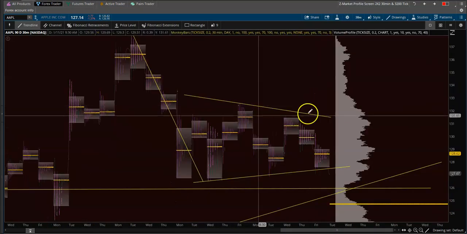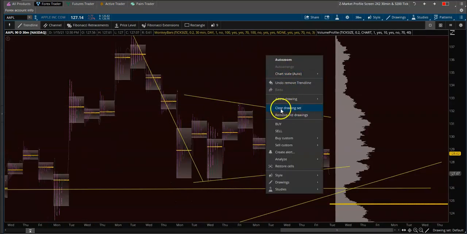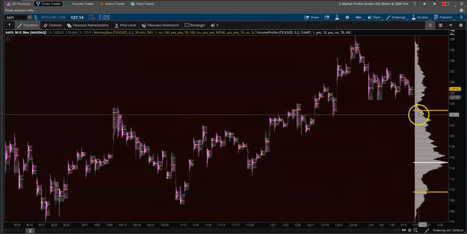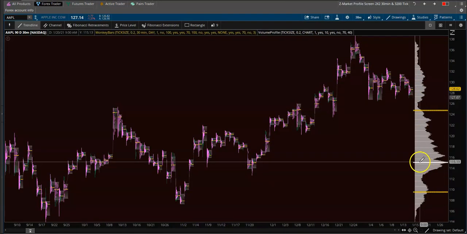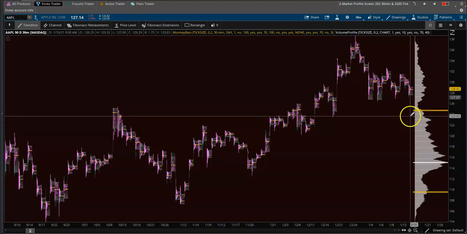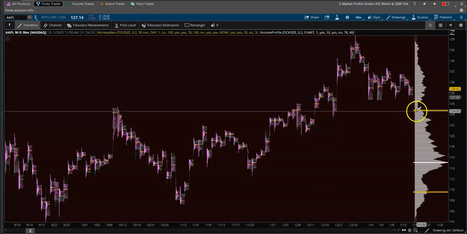Another way you could use this chart that I think is really good is, as price is falling, look for the value area high, value area low, and the point of control. We have a low volume node here, as we can see, we kept bouncing off it. If we do give it up, we'll probably find support right here at the value area high.